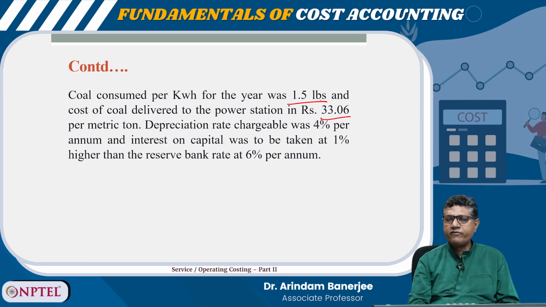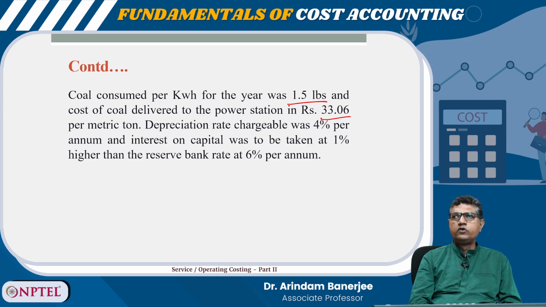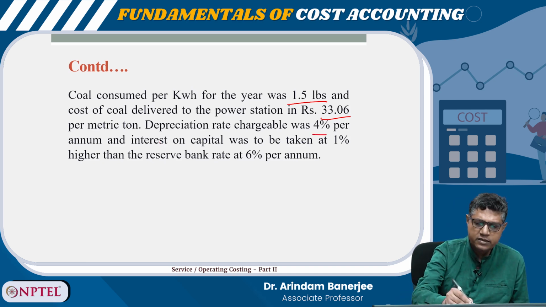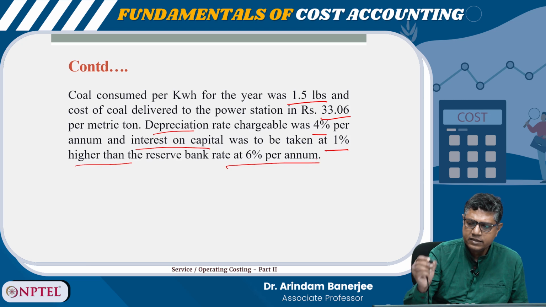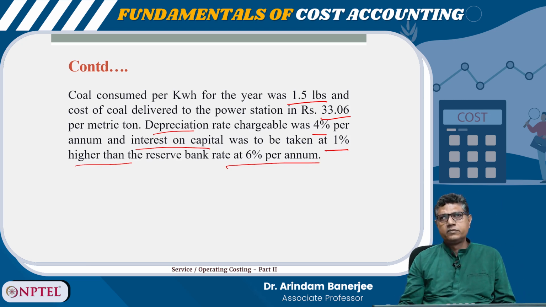Depreciation rate is 4%, right, and interest on capital was to be taken at 1% higher than the Reserve Bank rate of 6% per annum. Okay. So, these are the conditions and we have to compute one cost sheet.